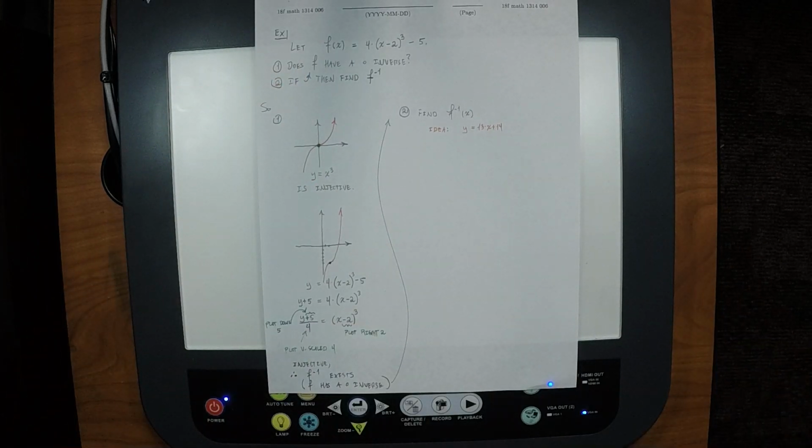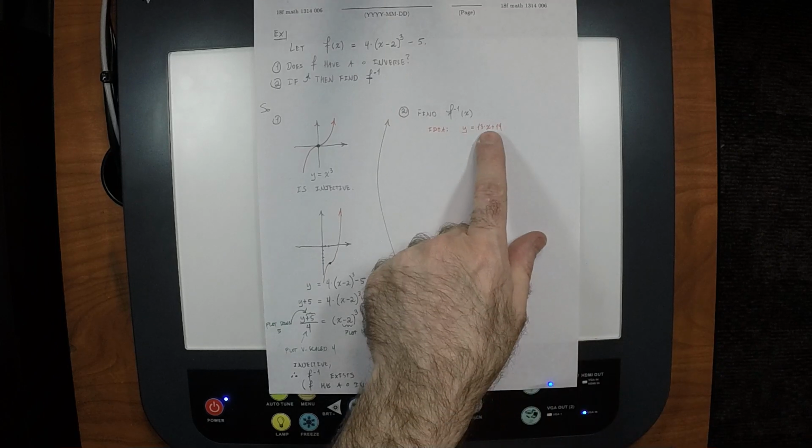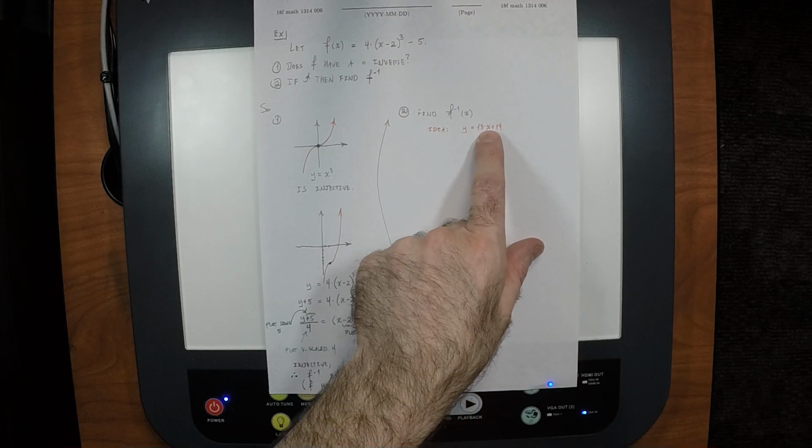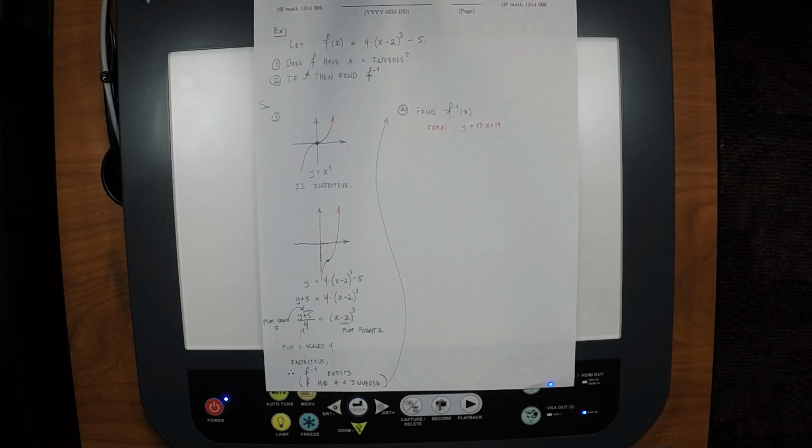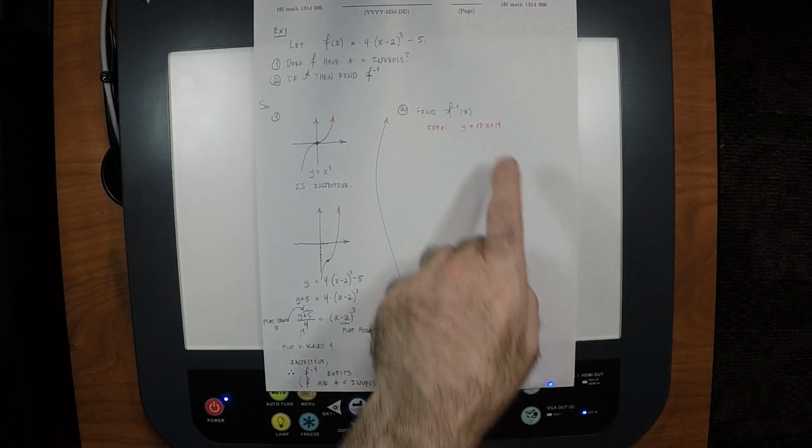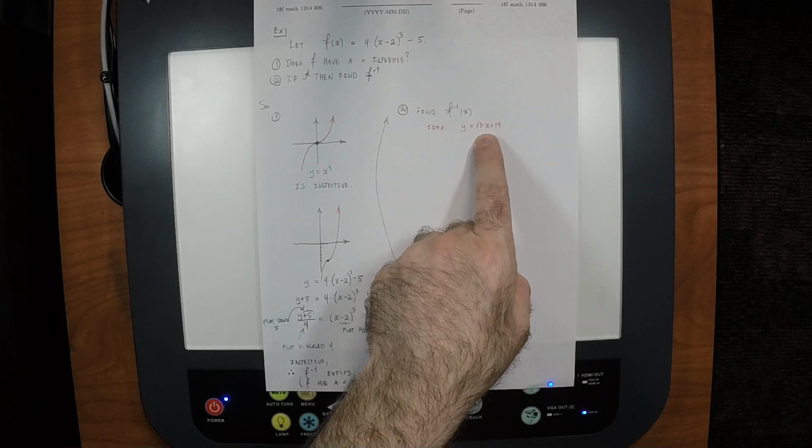What I want you to interpret that as being is that that's a way to turn some x into a y, right? So you take an x, and first thing you do is you multiply it by 13, and then after that you add 14, and then now it's a y. So x is the input and y is the output. But for this formula, can you solve for x?